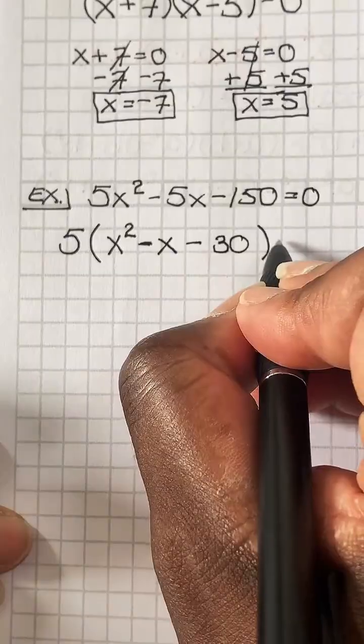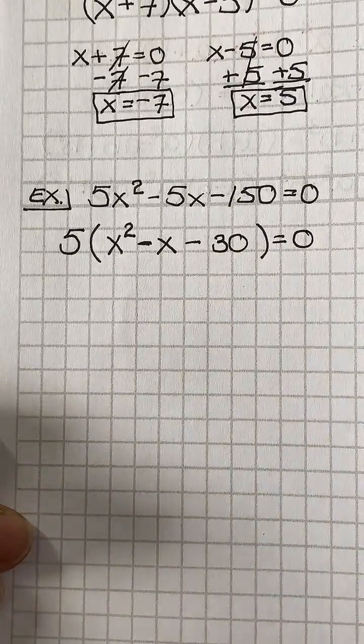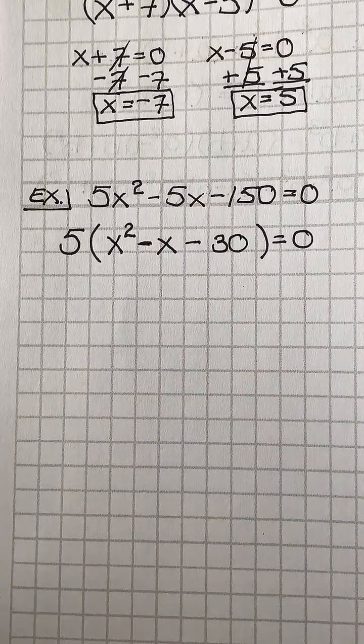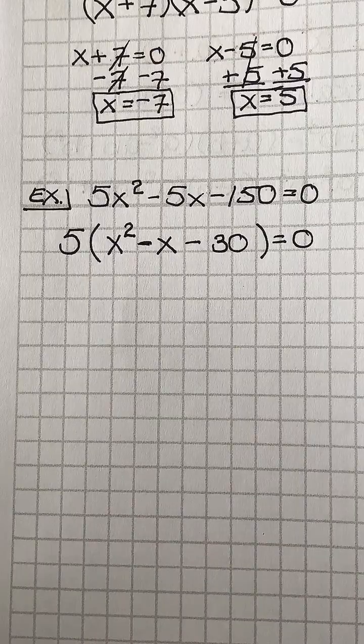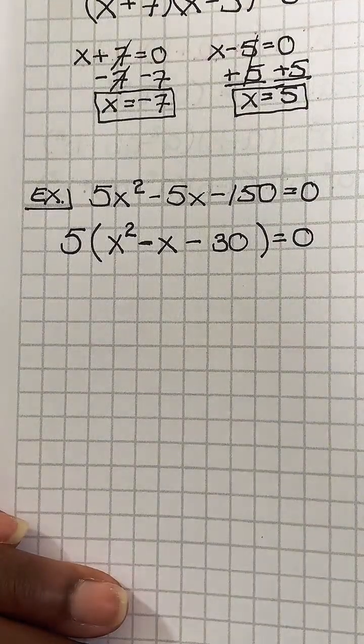Bring down the equal 0. Okay, how are you doing so far? All right, so we're doing okay.